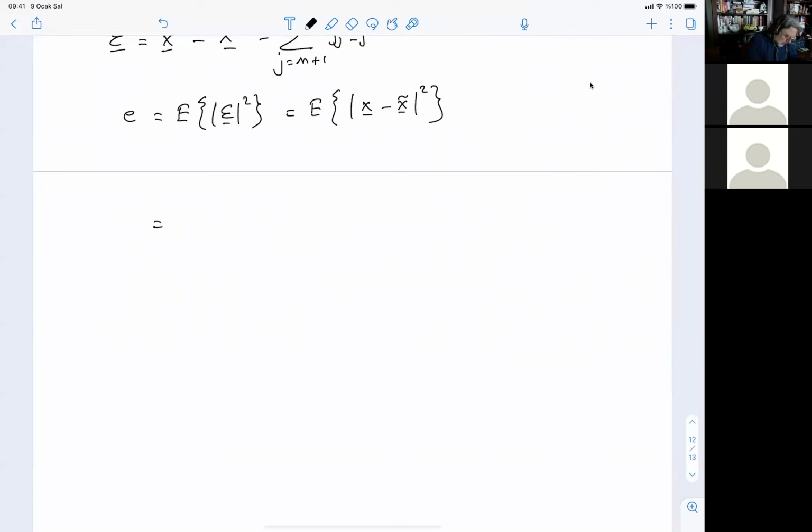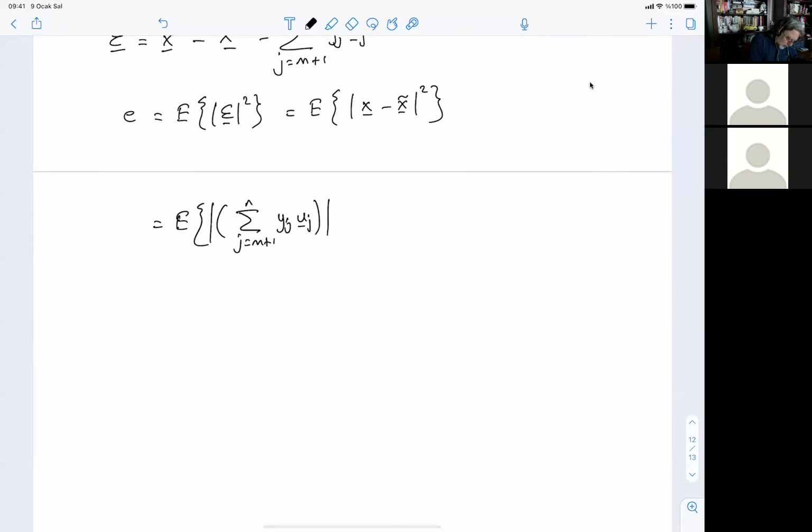By the way, this E will also be equal to the expected value of the norm squared of the summation from m plus 1 to n of y j u j. This was the error, right?